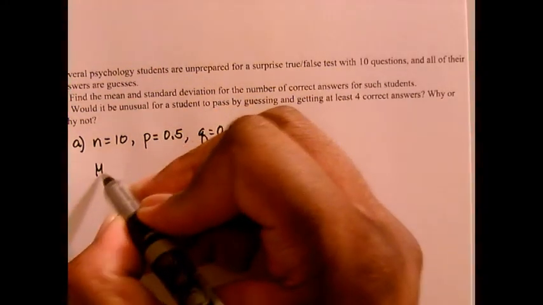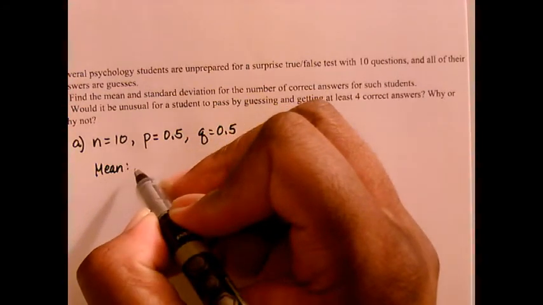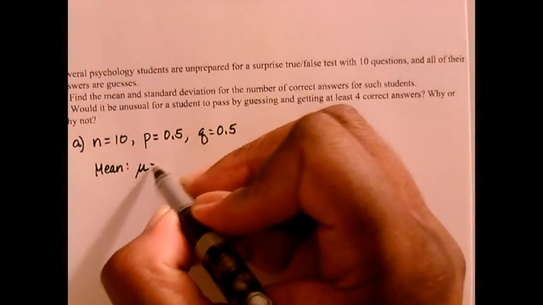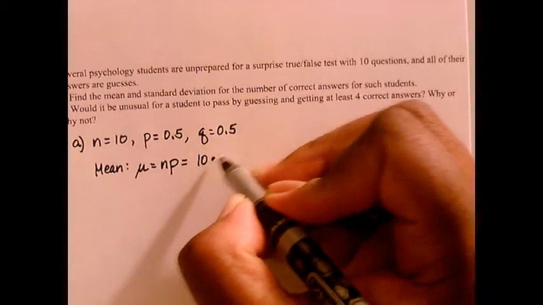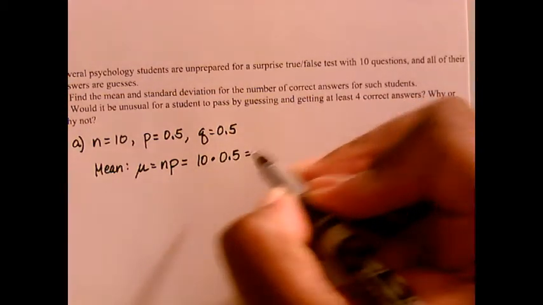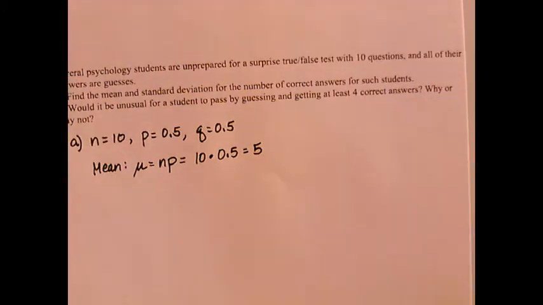So now the mean, which is your mu, that's N times P. That's going to be 10 times 0.5, or half of 10 would be 5. So the mean for that situation would be 5.